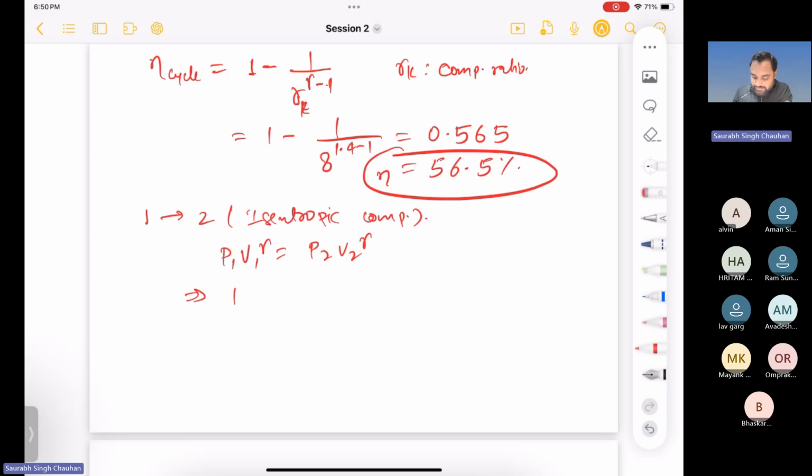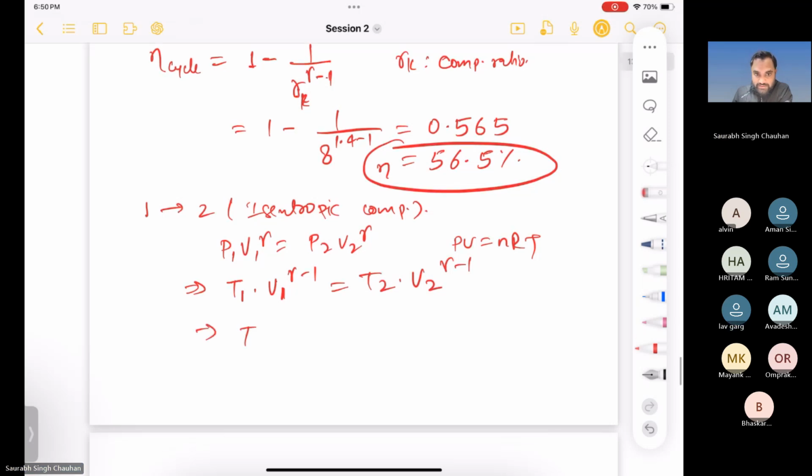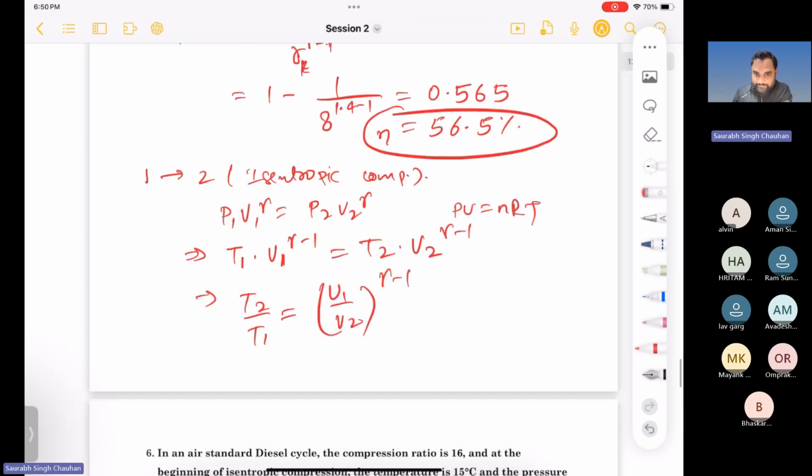Instead of pressure, using PV equal to nRT, it will be T1 times V1 to the power gamma minus 1 is equal to T2 V2 to the power gamma minus 1, correct? So T2 by T1 is V1 by V2 to the power gamma minus 1, correct?